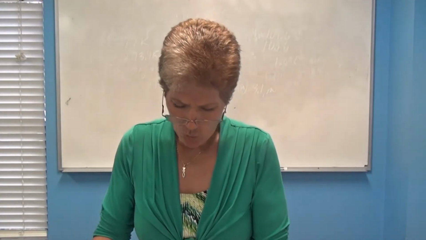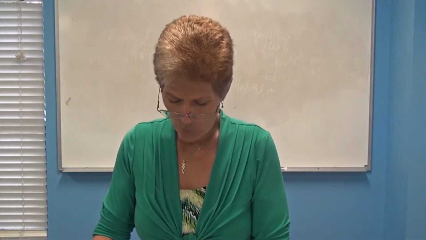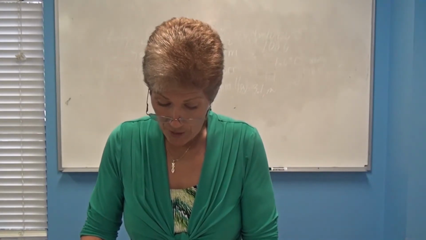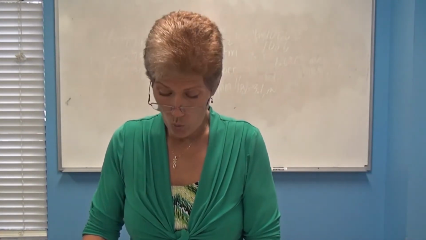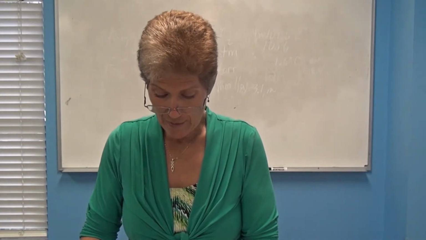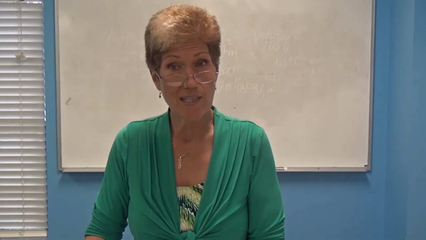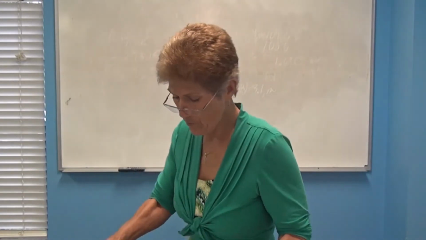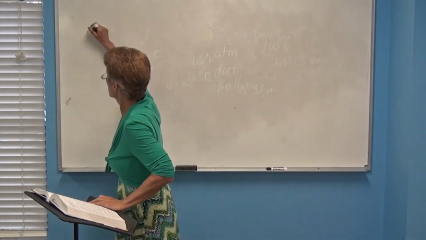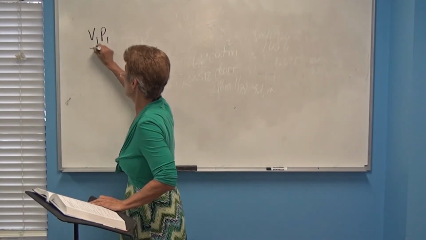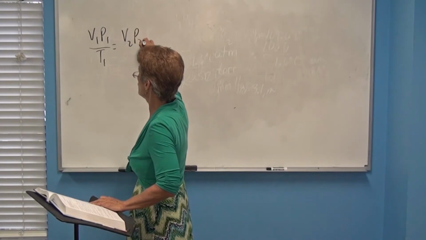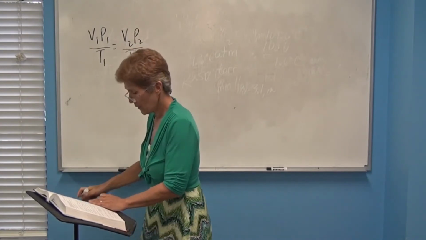I did. Number 12, a piston contains 45.6 mils of gas at a pressure of 814 torr. If the temperature doesn't change, what is the volume of the gas at a pressure of 760 torr? Okay, so here we are looking at V1 P1 over T1 equals V2 P2 over T2.